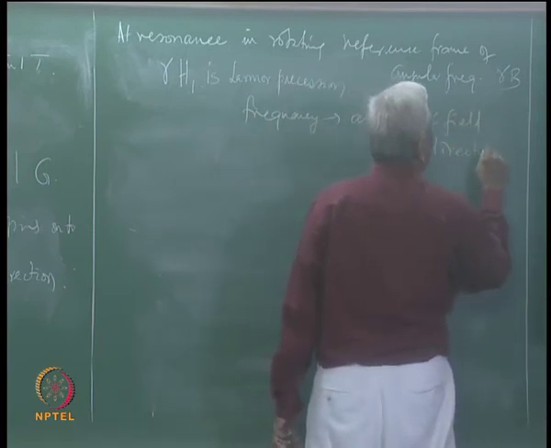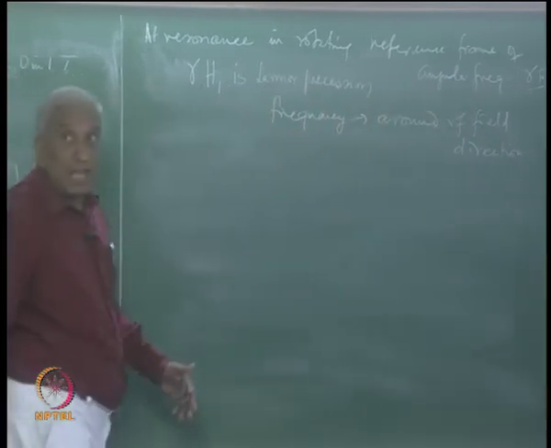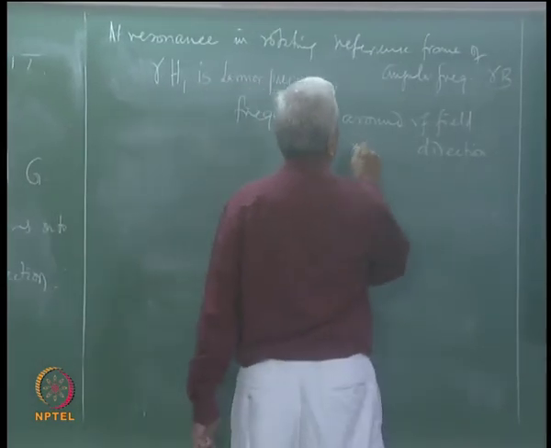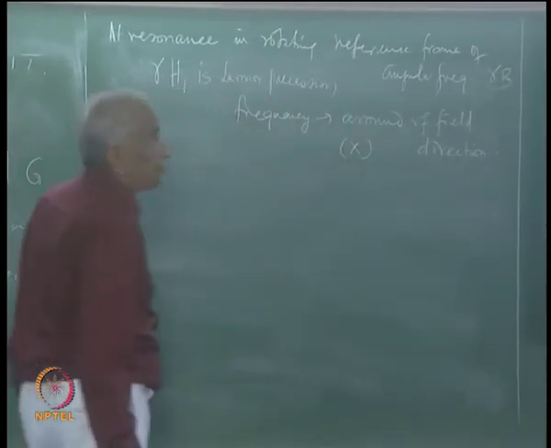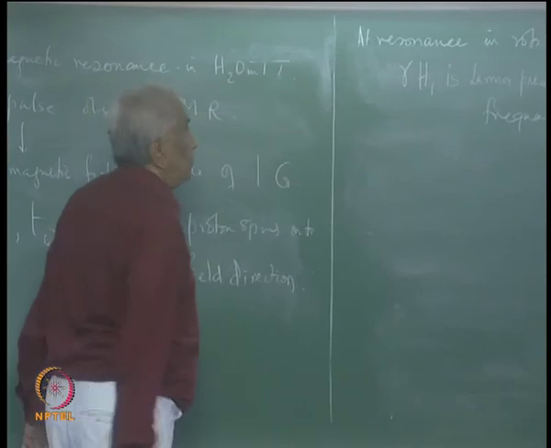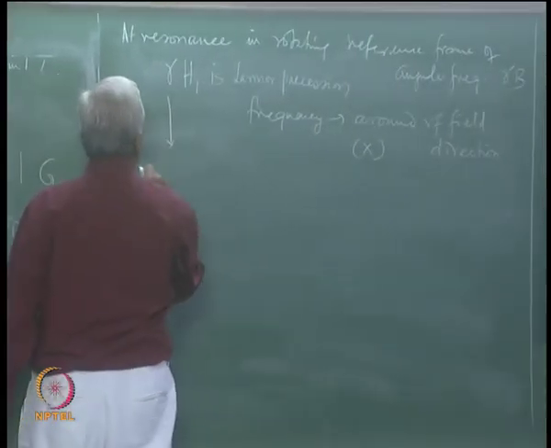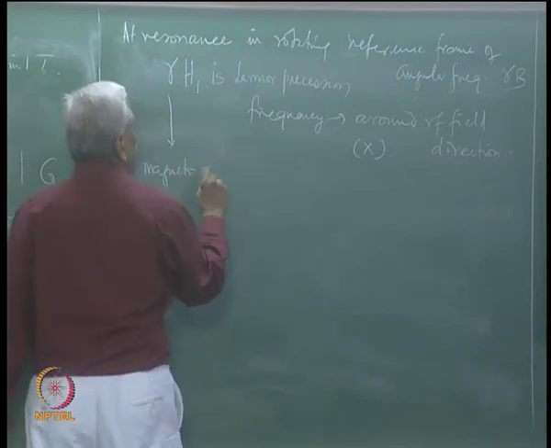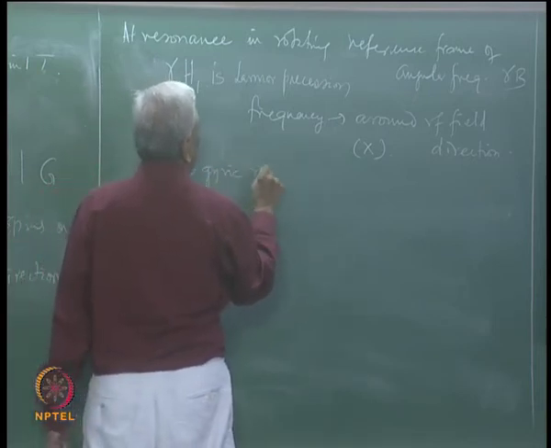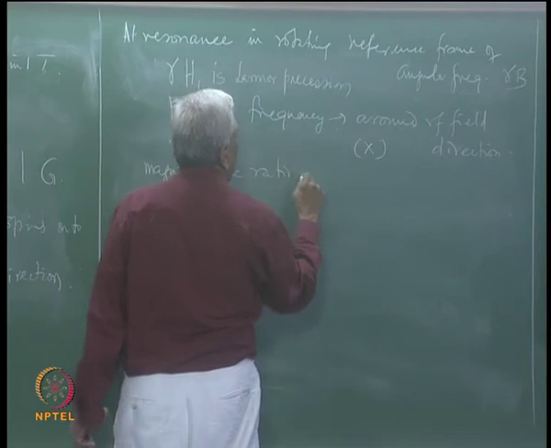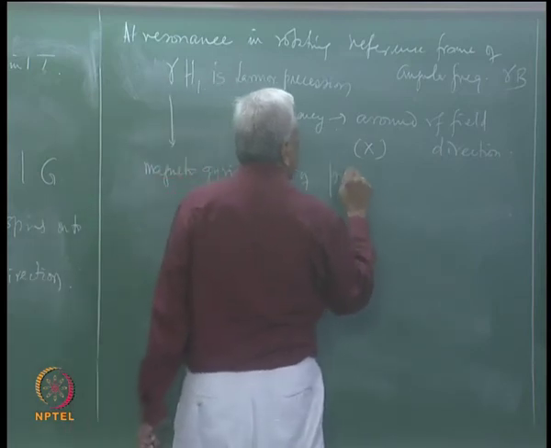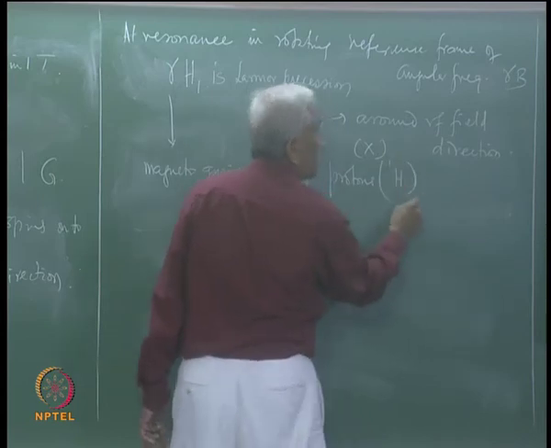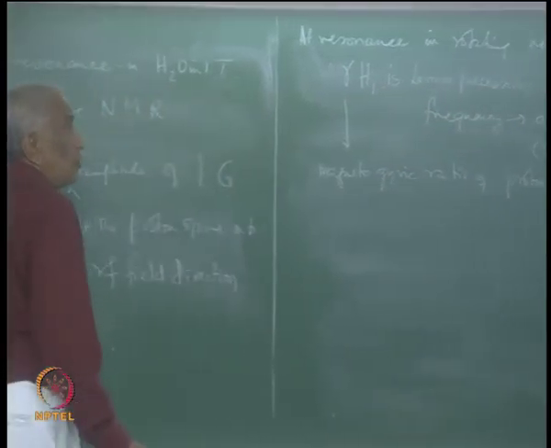The RF field is applied in a plane perpendicular to the static magnetic field. So, let us take this as the x direction. Gamma is the magnetogyric ratio of protons, which is known.